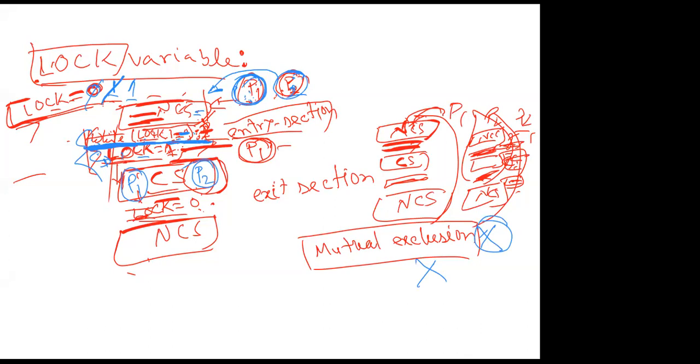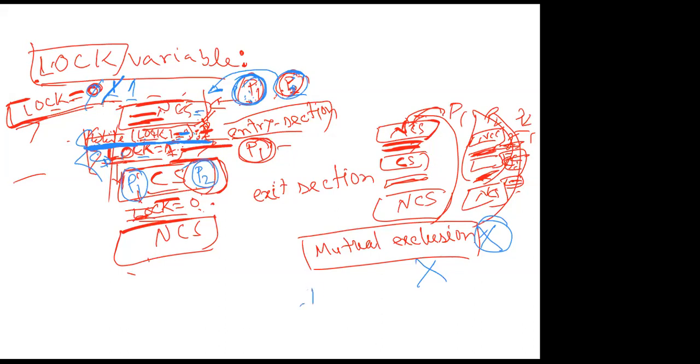Two or more processes can enter the critical section at the same time, so mutual exclusion is not granted by this lock variable.